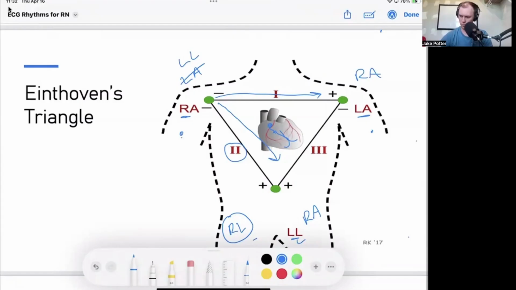Also, if you do your arm leads on the trunk, so up here, kind of where these diagrams are, you have to also correspond that with your leg leads, so they also have to be on the trunk. You have to maintain Einthoven's triangle in order to get a good picture. It matters less with your rhythms. It matters a lot more when you're taking a 12 lead, because that can mess with your signal and your image.